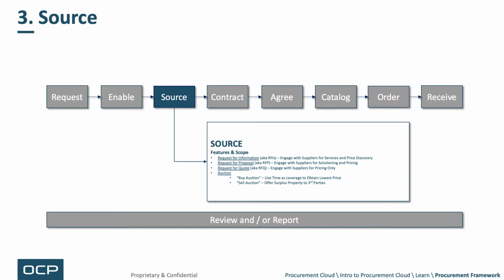So next is source, or the source transaction. So here you can see that the different flavors or features and scope would be requests for information, or RFIs, where we're reaching out to a supplier to gain information, usually pre-bid, and it's because we know very little or how to price or how to compare.